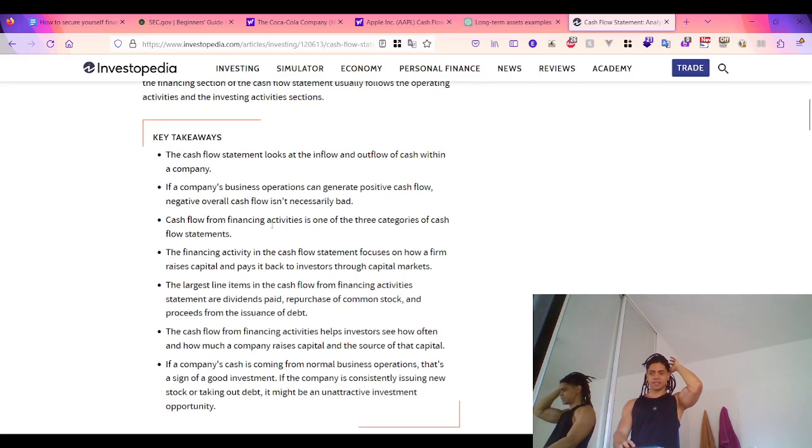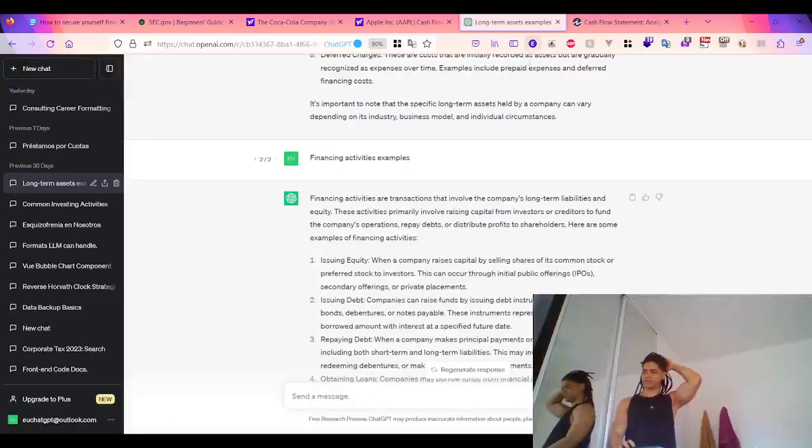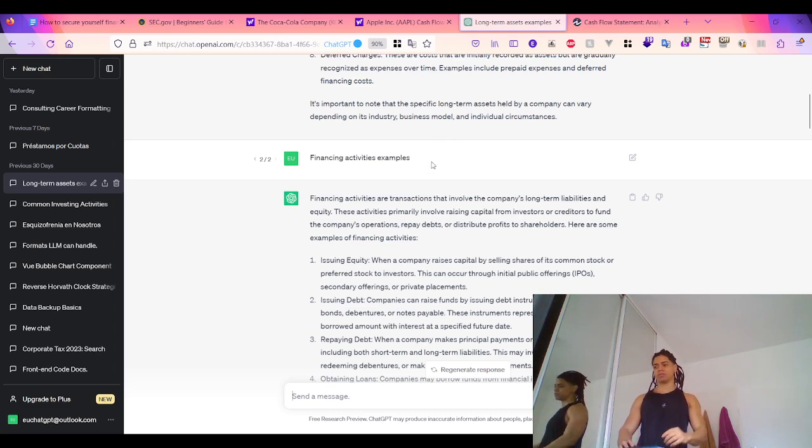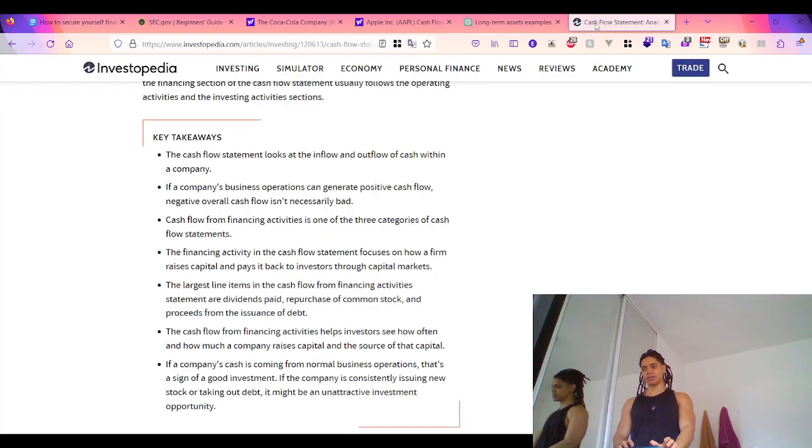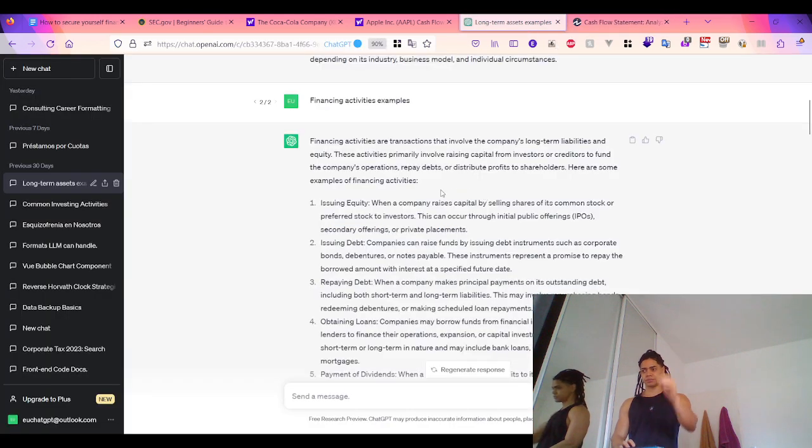That's the whole idea of financing activities: how a firm or company raises capital from investors and repays them through capital markets.